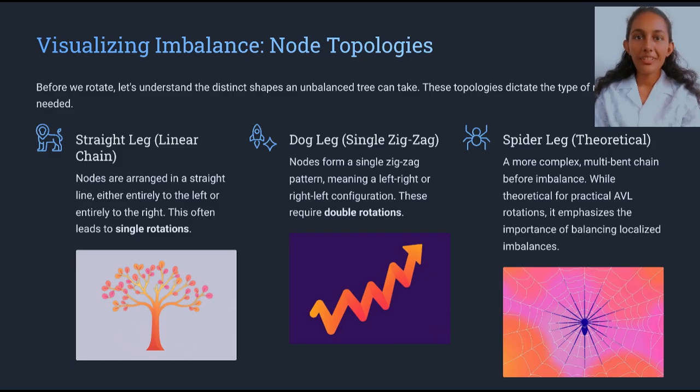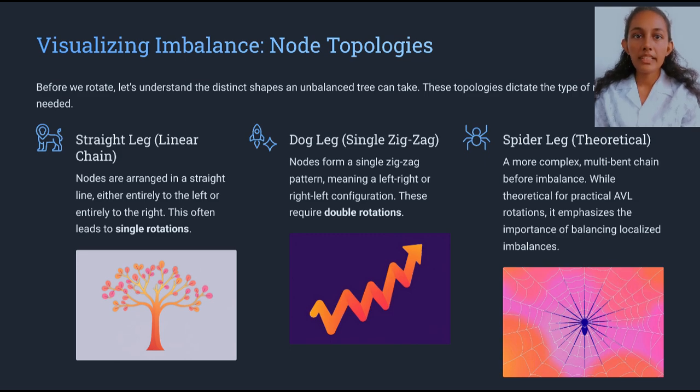Before we rotate, we must understand the shapes the nodes form when imbalance happens. These shapes are called topologies. First, the straight leg. These nodes are arranged in a straight line, either entirely to the left or entirely to the right. This often leads to a single rotation. The second topology is the dogleg.